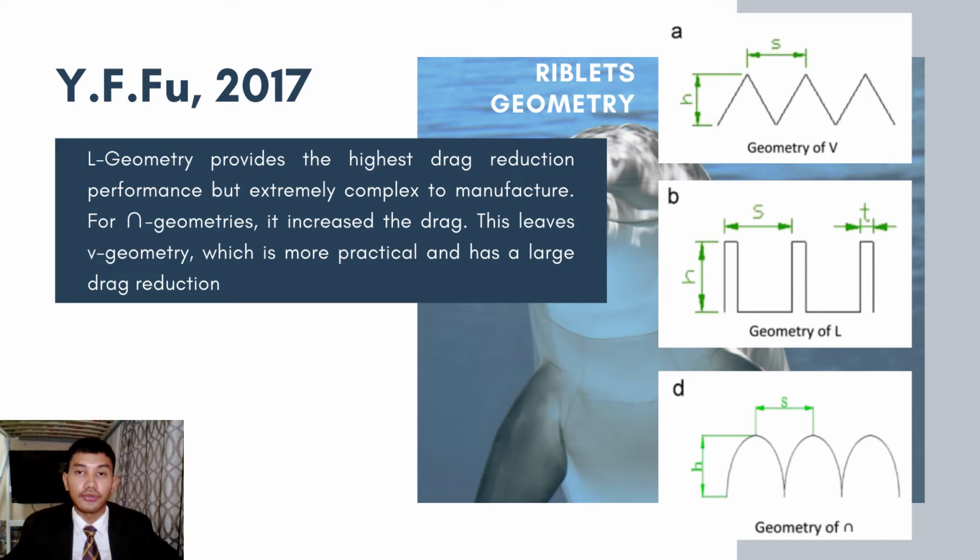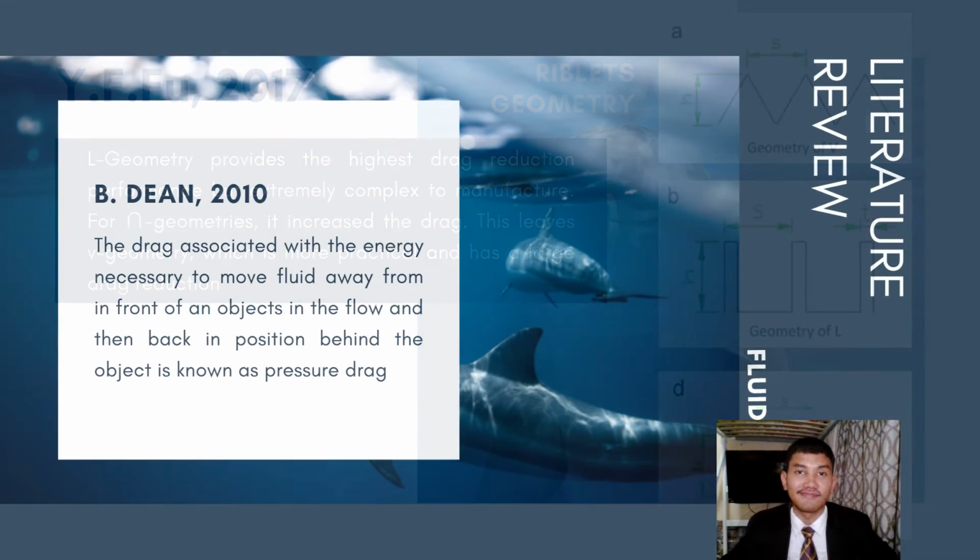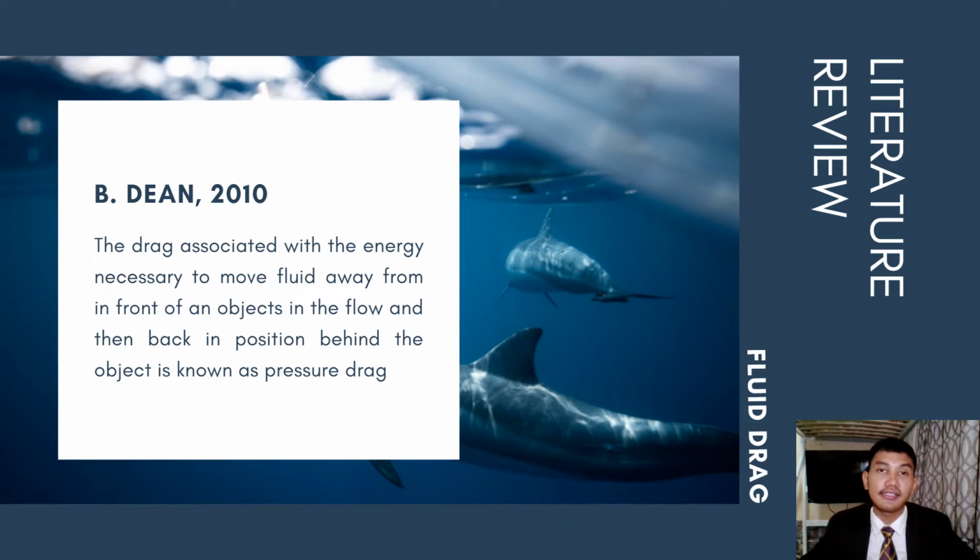This leads us to the V-shaped geometry, which is more practical and has a large drag reduction. Lastly, for my literature review, Bedin explains that the drag associated with the energy necessary to move fluid away from in front of an object in the flow and then back in position behind the object is known as the pressure drag.